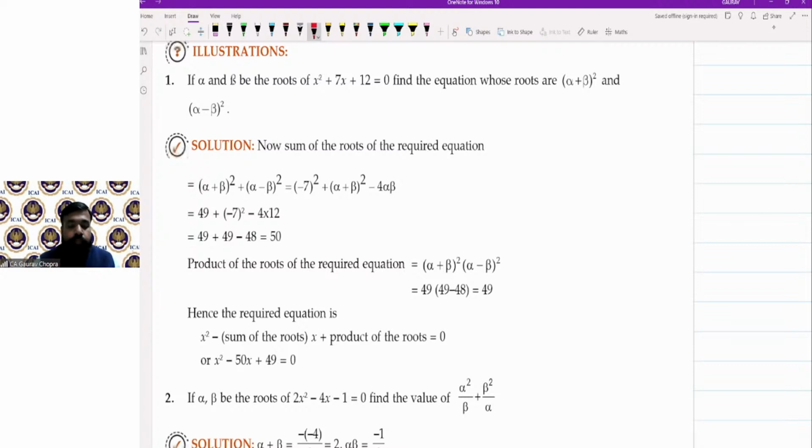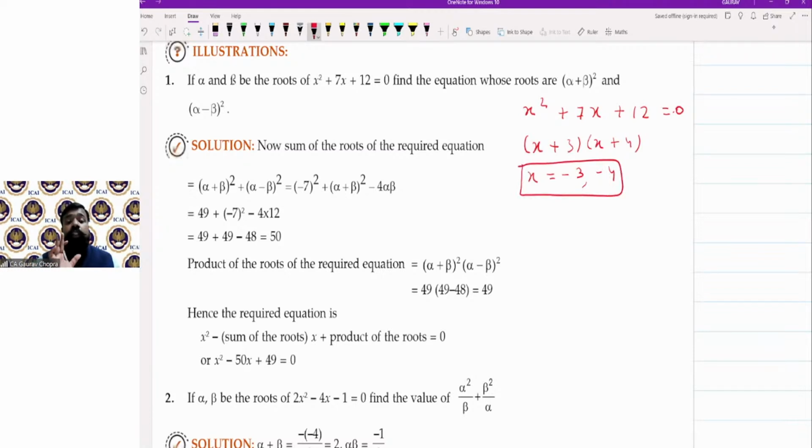At present, the given equation is x square plus 7x plus 12 is equal to 0. If we solve this, we can get the roots. And this question we had solved in the beginning, x square plus 7x plus 12, where we had written x plus 3 into x plus 4, and we got x as minus 3 and minus 4.